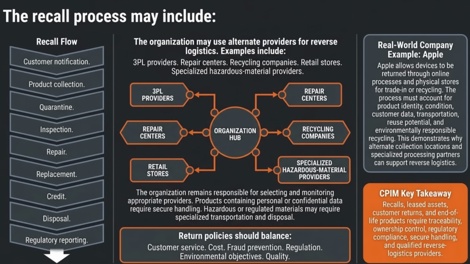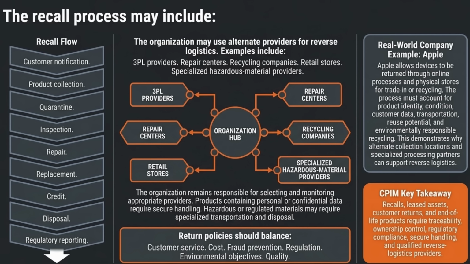Real-world company example: Apple. Apple allows devices to be returned through online processes and physical stores for trade-in or recycling. The process must account for product identity, condition, customer data, transportation, reuse potential, and environmentally responsible recycling.